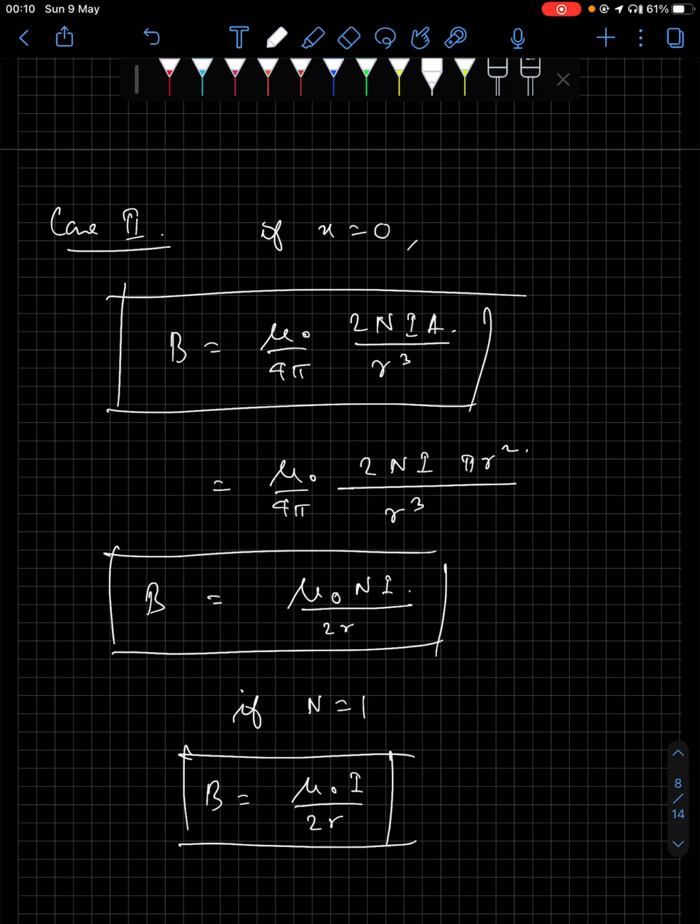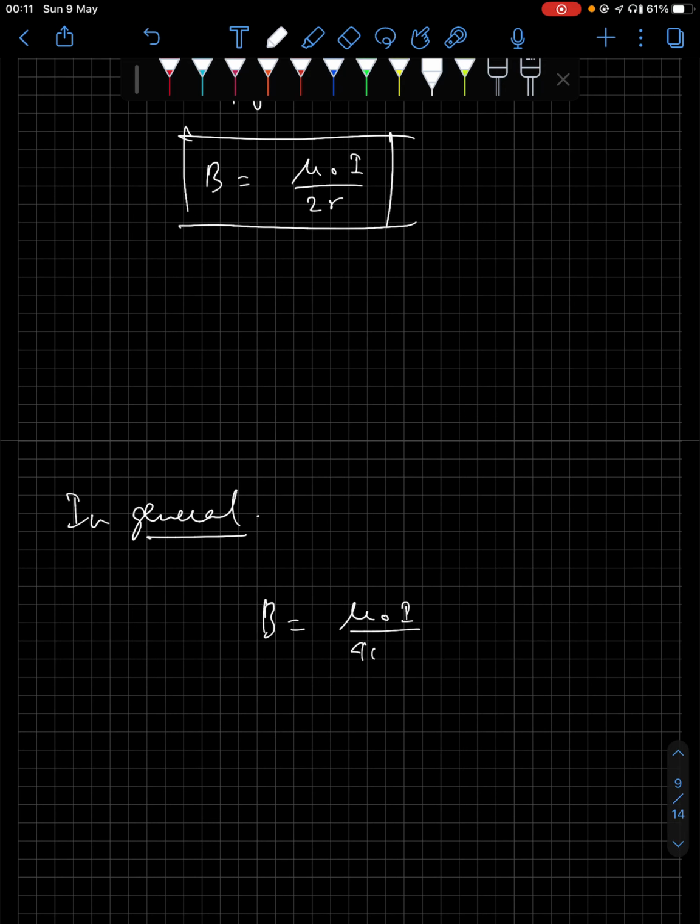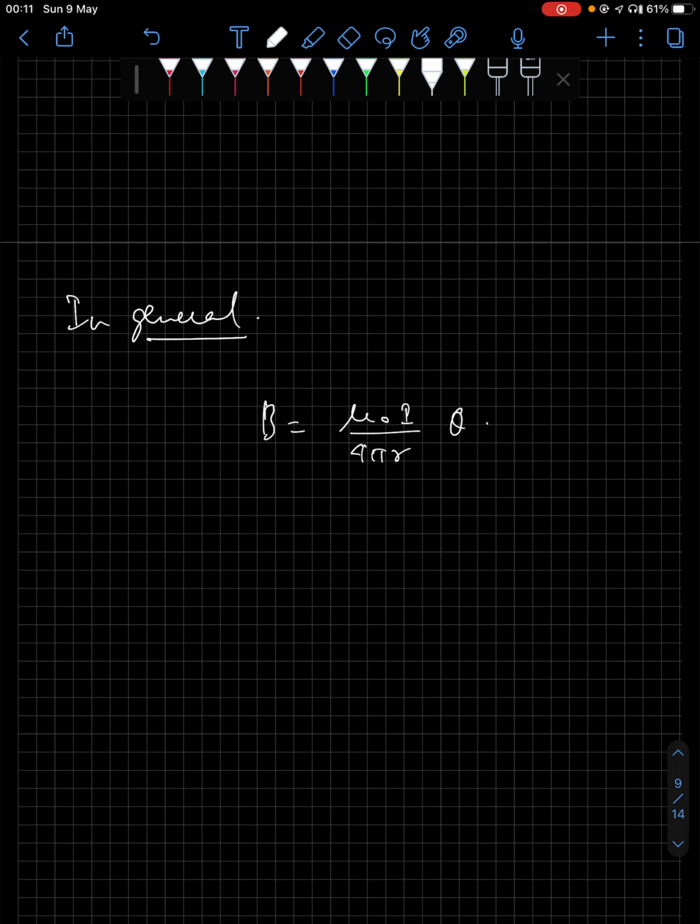So in general, we can write down this relation as, in general, B will be written as mu naught I by 4 pi r, theta. Say we have a situation.